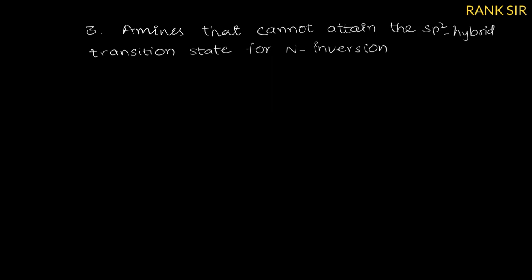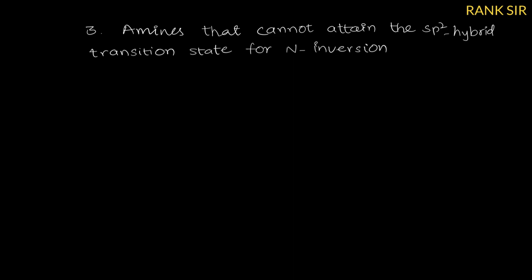And the third case, amines that cannot attain the sp2 hybrid transition state for nitrogen inversion. So we can resolve when that amine cannot attain the sp2 hybrid transition state. If in inversion you get sp2 hybridization, then what is that? From one phase to another phase the lone pair will be inverted.